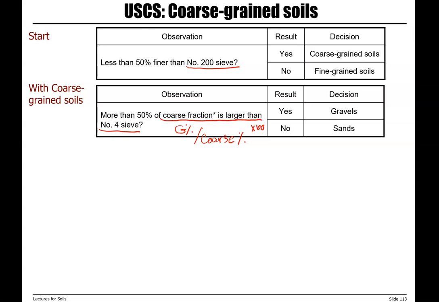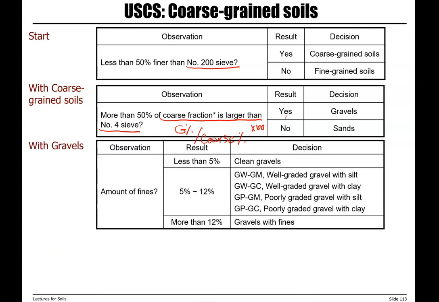More than 50% of coarse fraction is larger than number 4? Yes, we have more gravel compared to sand. No, it's mostly sand. Then if the answer is gravel, you use this table. One more time, you need to look at percent passing from number 200. That is how much fines we have. If the amount of fines, or percentage passing from number 200, is less than 5%, we have clean gravel, so it's either well graded or poorly graded.